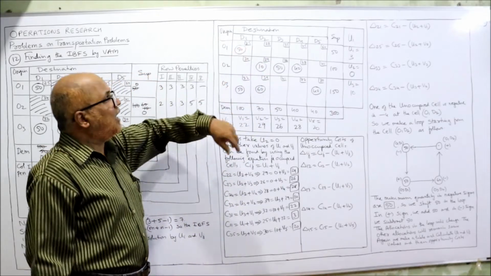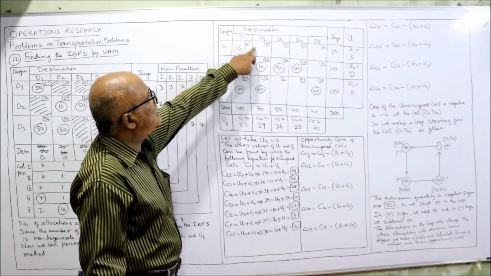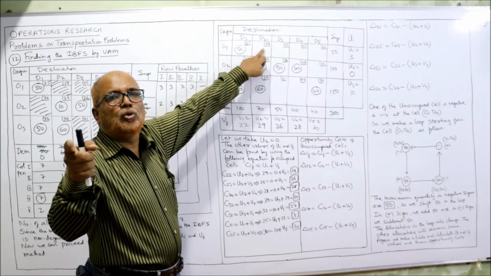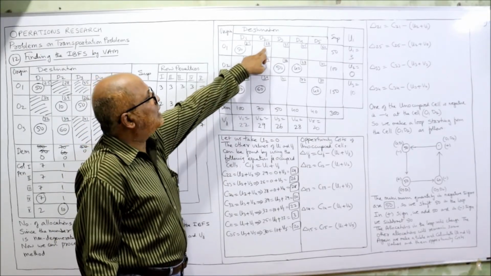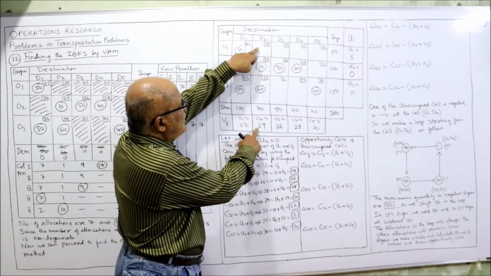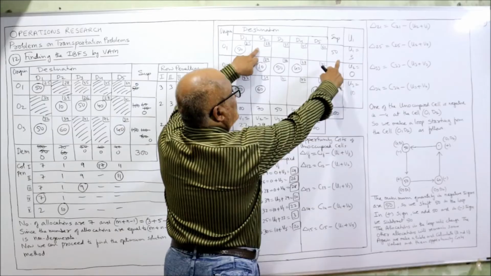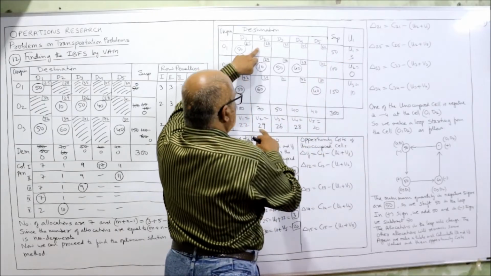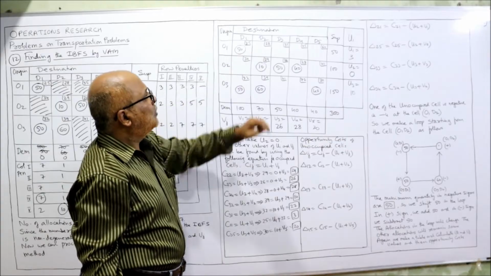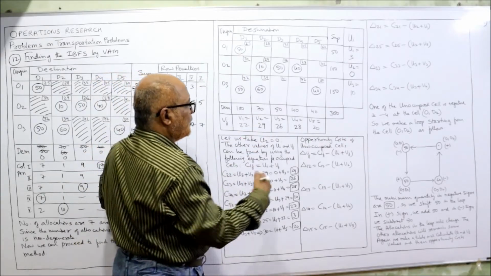Directly in the table. I'll show you. 28. This unoccupied cell. Cij minus (Ui plus Vj). Cij 28. Now you add up Ui and Vj. How much is V2? 29. Then U1, 3. So 29 plus 3 is 32.